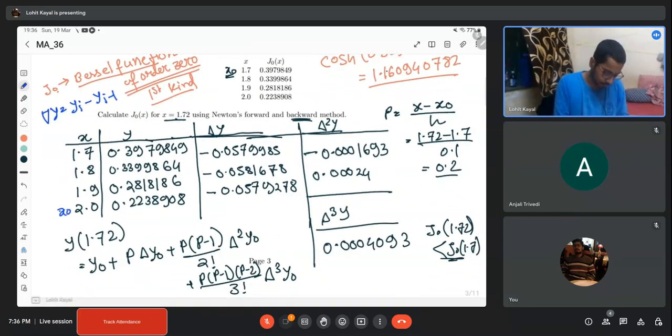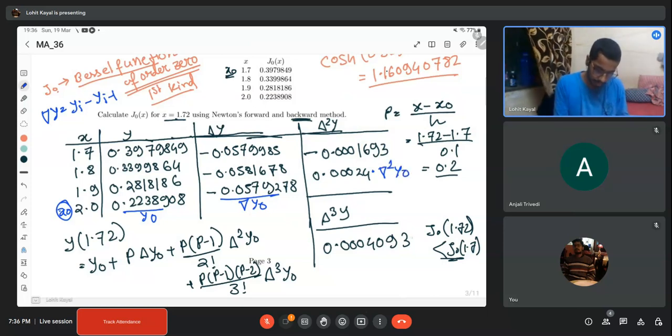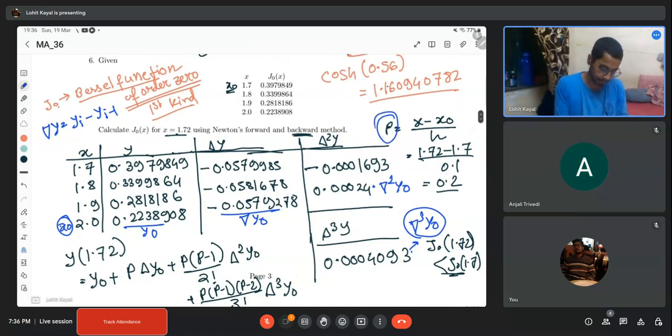This will be your corresponding x0, and the table is already constructed. This is your y0, this term is your y0, and this will be your cube of y0. The only change will be in the value of p, because this time p will be different. Here your x is 1.72, but your x naught is 2.0.